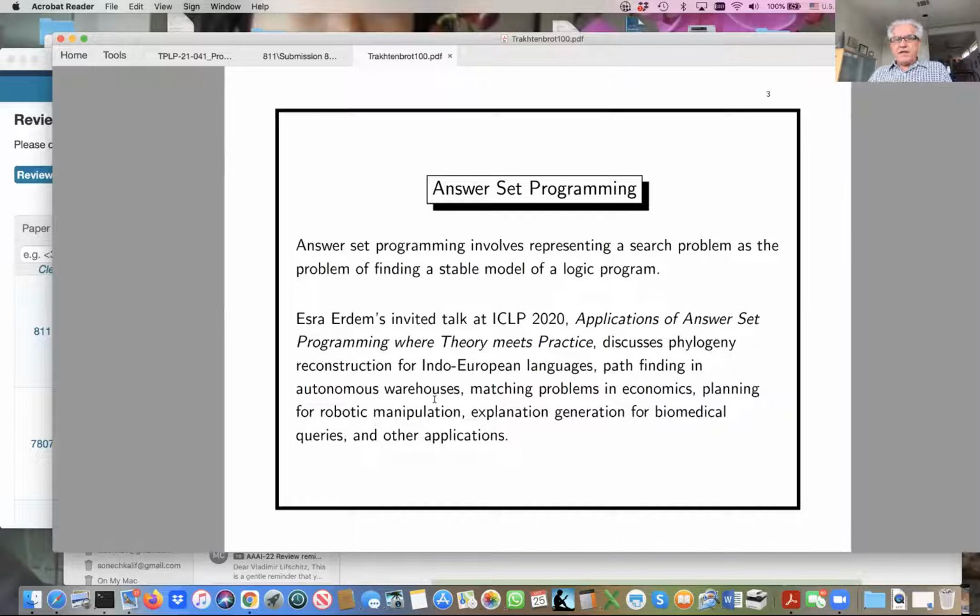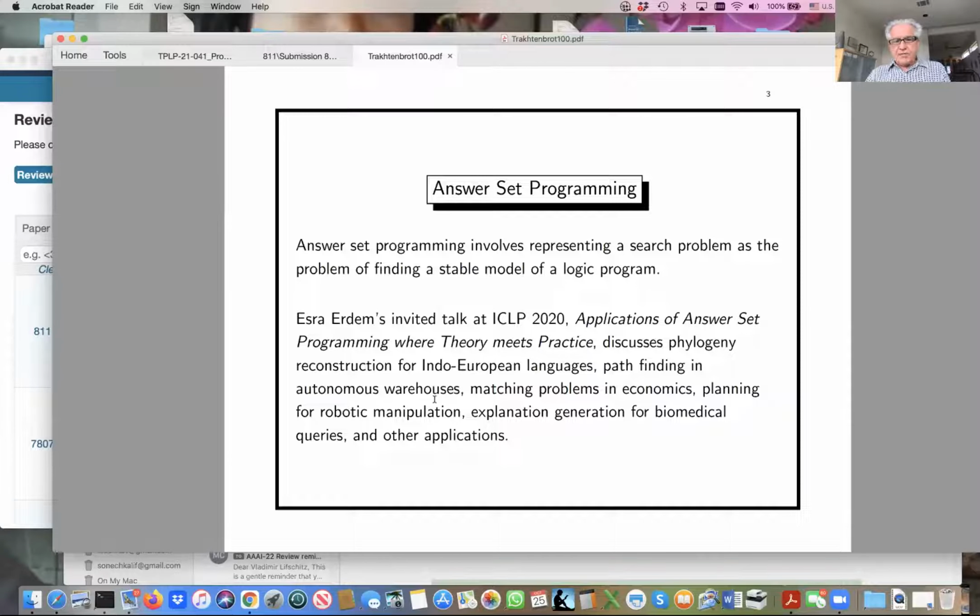In other words, this approach to search is similar to the approach to search based on SAT solvers that Moshe talked about earlier today, except that instead of clauses, we use rules, and instead of satisfying truth assignments, we represent solutions by stable models.